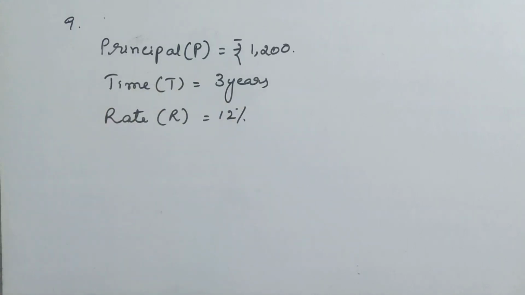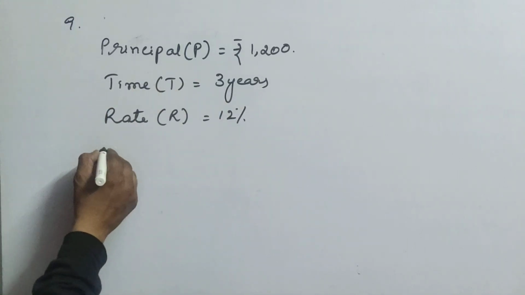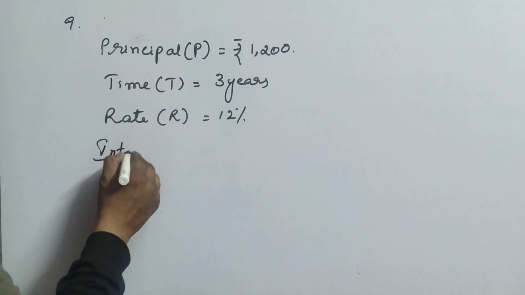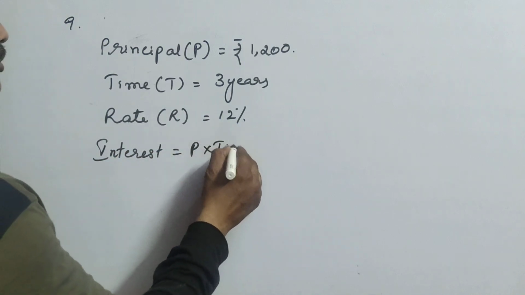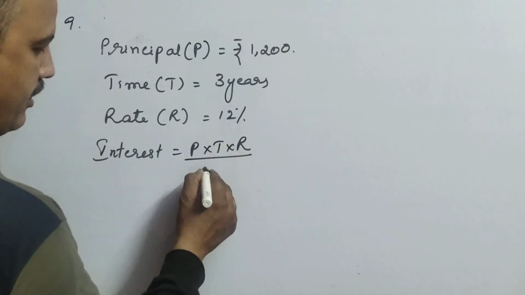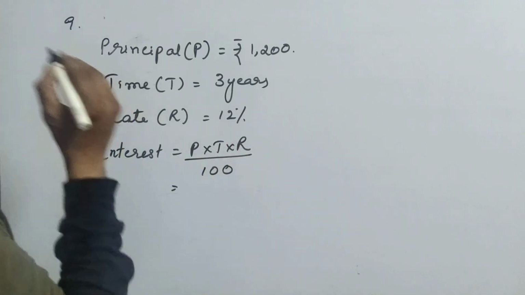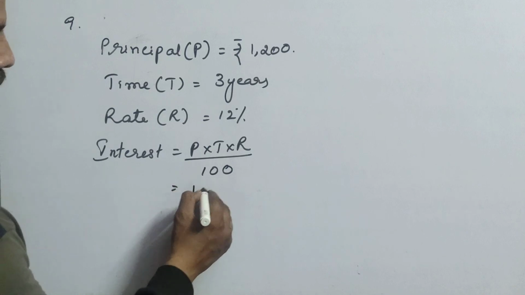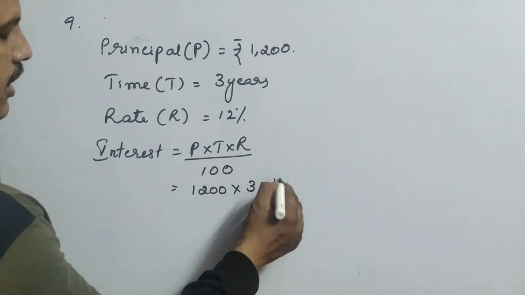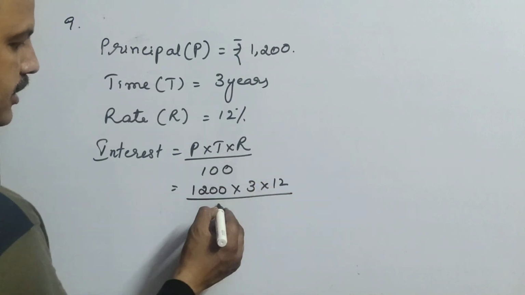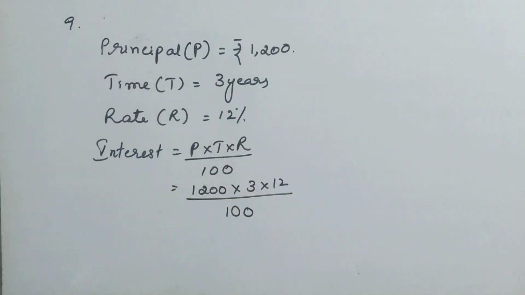So first find interest. You know the interest formula, that is P into T into R by 100. That means P 1200, time 3 years, R 12%, that is by 100 again.